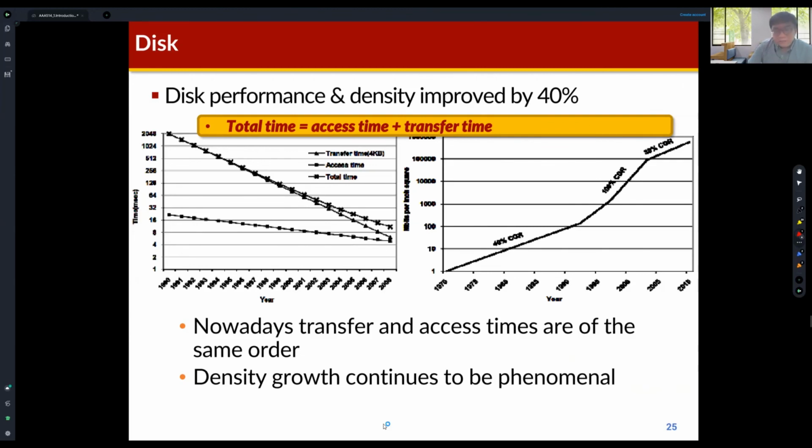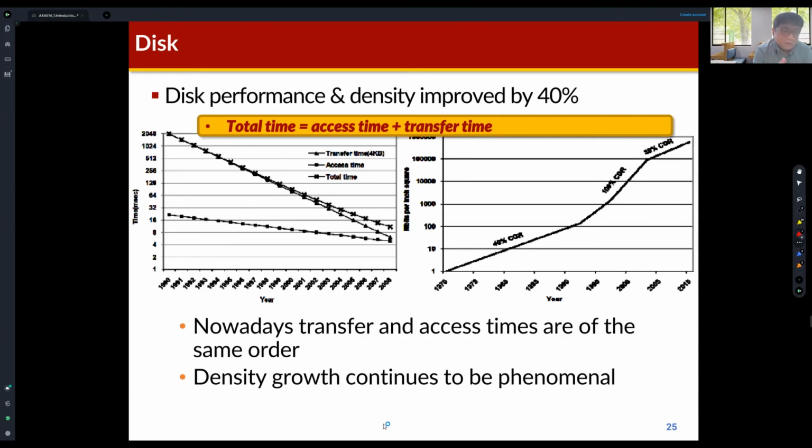So the density is also increased. Disk is a storage device, and conventionally we use hard disk drive, that's the mechanical drive. Actually the disk is very slow compared to the main memory, but our data exists in disk because disk is a non-volatile memory.